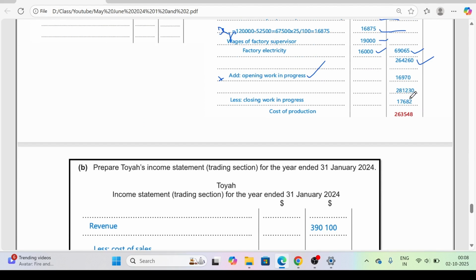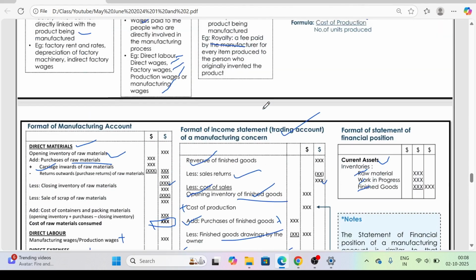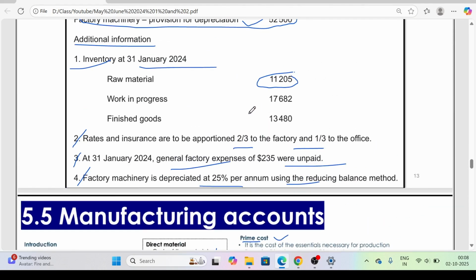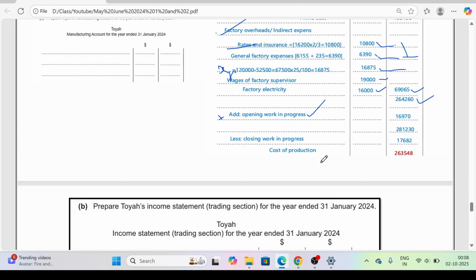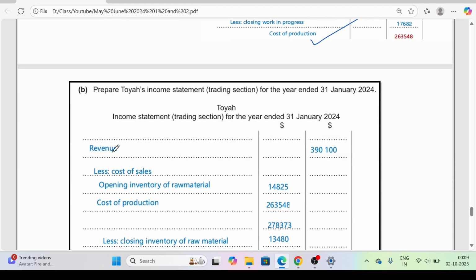After adding, you will get 281,230, less closing work in progress. Closing they already gave in the question itself. Closing is 17,682. You have to minus this, then you will get the cost of production, 263,548. Got it?